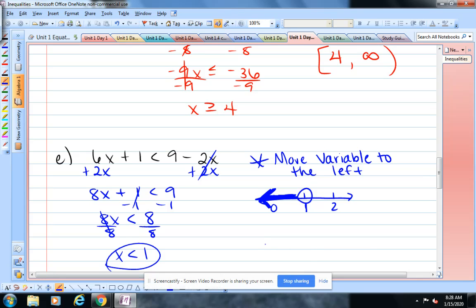Negative infinity. So do I use parentheses or a bracket? Always use parentheses with infinity or negative infinity. Hey, that was a pretty good one. Look how pretty that one is. Good job, Miss Elizabeth. All right, and what's my right boundary? Bracket or parentheses? Parentheses. Everybody okay with that? Getting simpler?